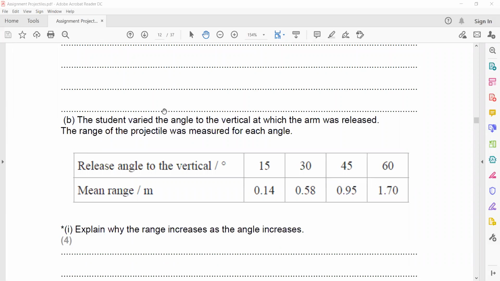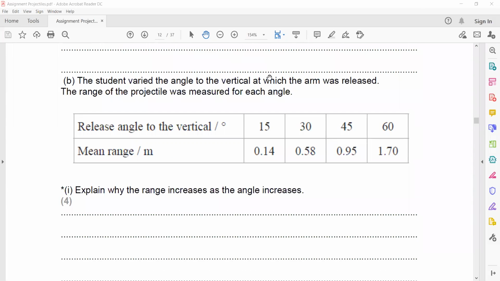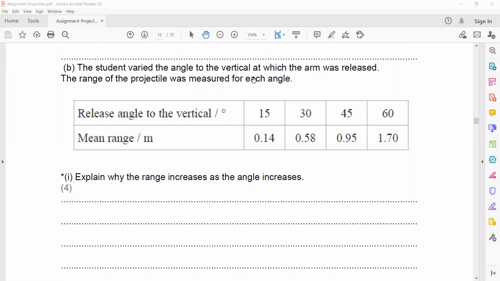Then the student varied the angle to the vertical. This is the angle to the vertical. Like when the angle is 15 to the vertical, say this is a release point.